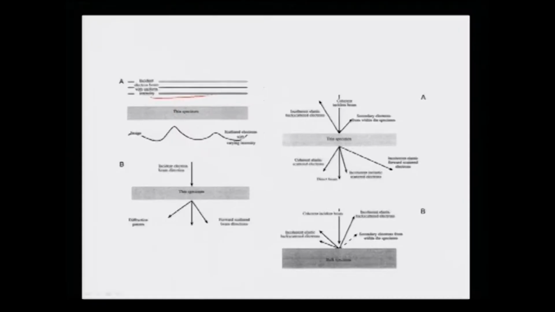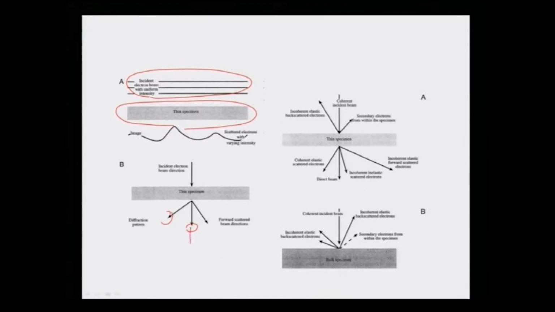The incident beam, which is very intense, falls on a thin sample and interacts with it. As I said, during interaction it can create a scattered electron beam, which is elastically or inelastically scattered, or it can generate a beam which has not undergone any kind of scattering.